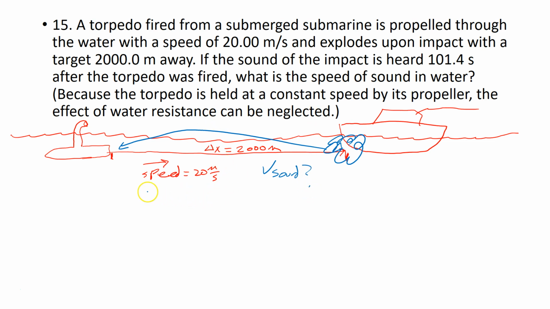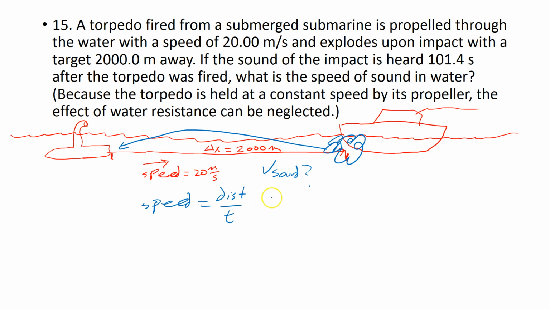To do that, the first thing we need to figure out is how long it takes the torpedo to travel. The speed of the torpedo is 20 meters per second, and we know it goes 2,000 meters. Speed is equal to the change in position, the distance, divided by the time.